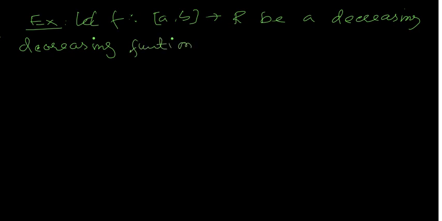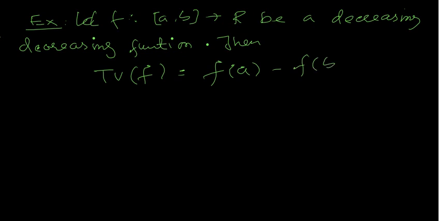Then the total variation of f is equal to, it's not f of b minus f of a for decreasing, it's f of a minus f of b, and that's a finite number. And then you show that, okay, this is an exercise.